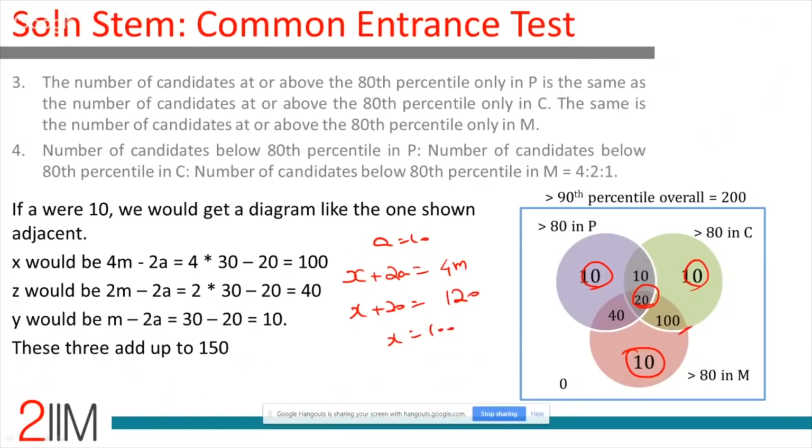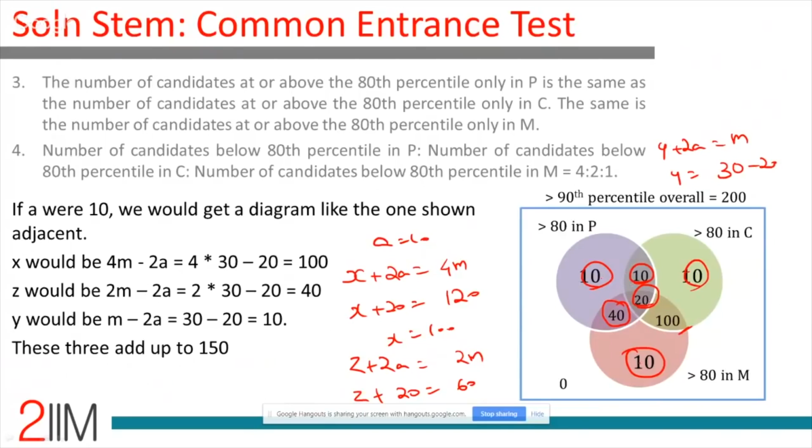That goes here. Z plus 2a equals 2m, z plus 20 equals 60, z is 40. Y plus 2a equals m, y equals 30 minus 20, which is 10.